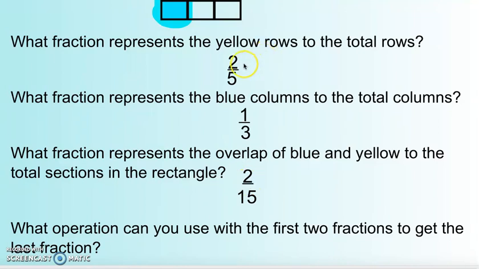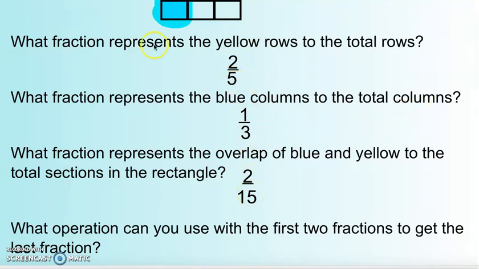Yeah, those of you that said we took 2 times 1 would get us to 2. Now, what did we do with the 5 and the 3, the denominators, to get to 15? Yes, if you take 5 times 3, we get to 15. So 2 times 1 is 2, and 5 times 3 is 15.